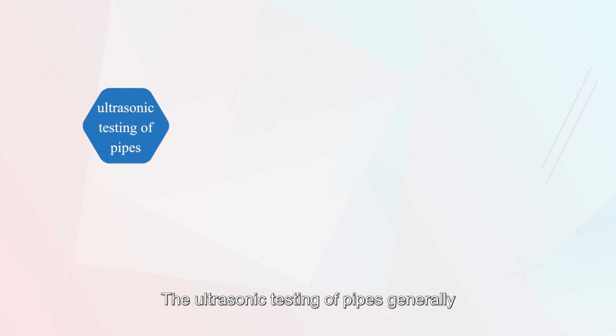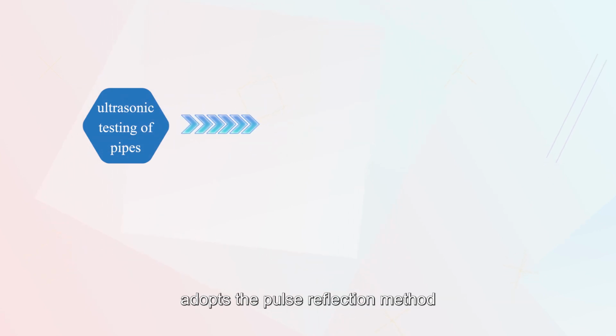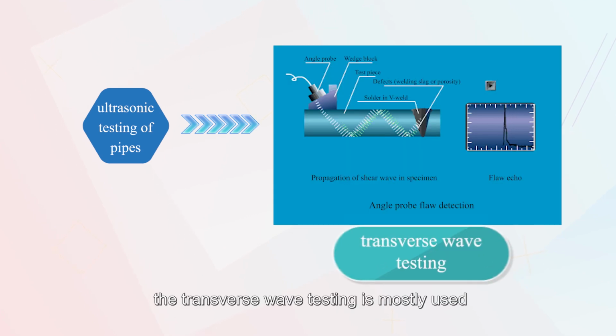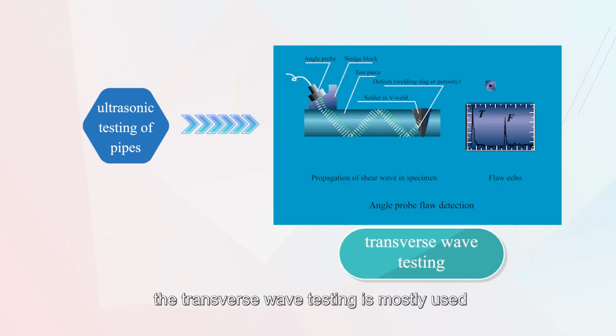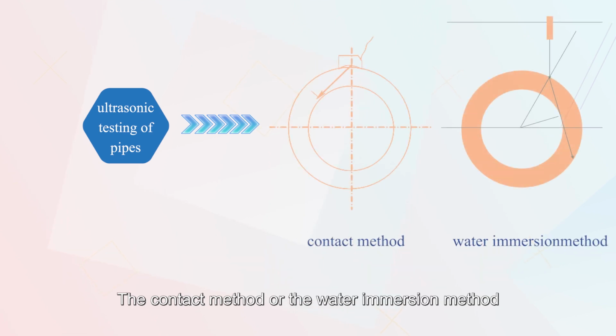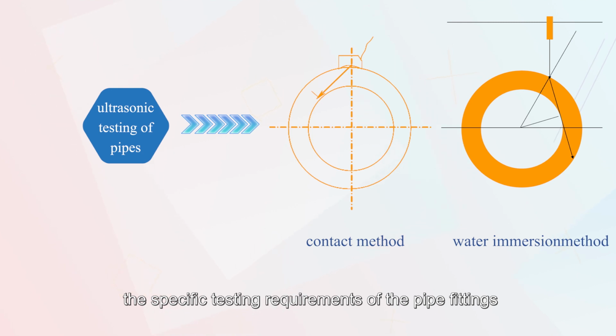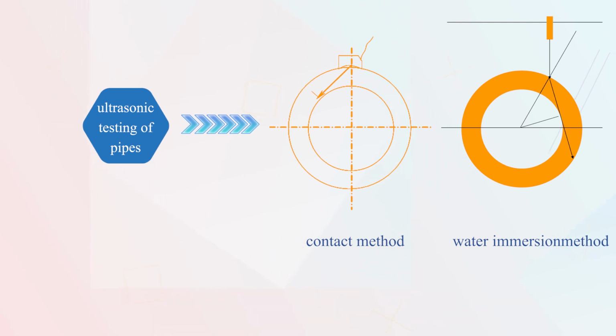The ultrasonic testing of pipes generally adopts the pulse reflection method. At present, transverse wave testing is mostly used. The contact method or the water immersion method can be selected according to the specific testing requirements of the pipe fittings.